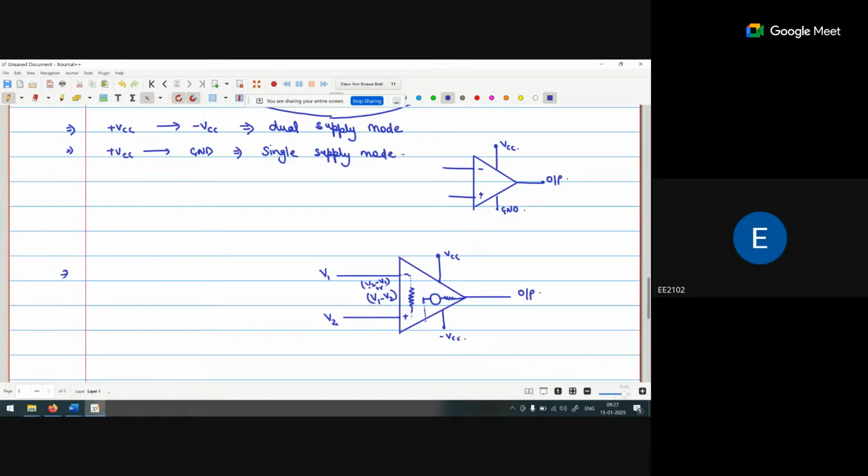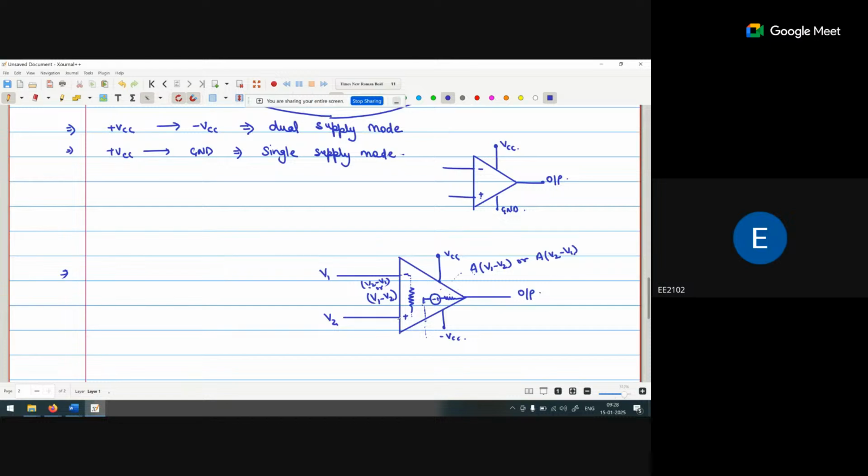According to this, it will work. Similarly, there is a voltage source whose voltage is A times V1 minus V2, or A times V2 minus V1.